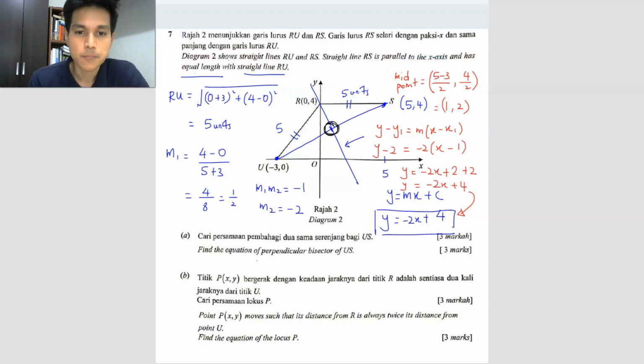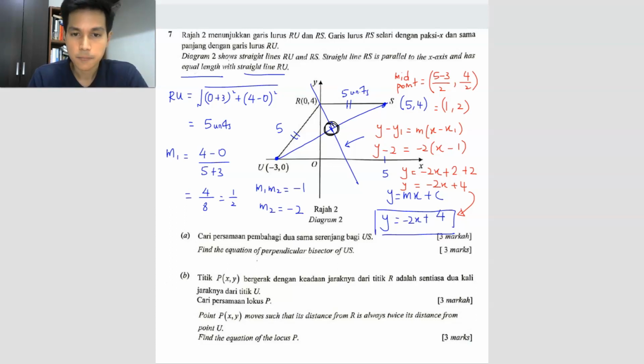Alright, question B. Point P moves such that its distance from R is always twice its distance from U. So that means we have a locus. A moving point is called a locus, right?